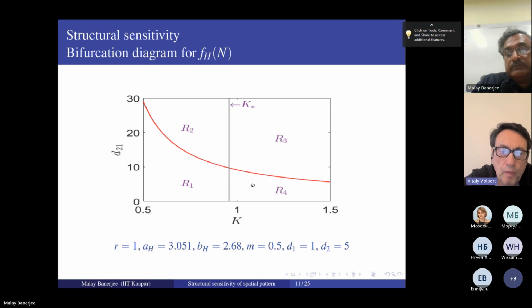Okay. But spirals themselves, do they not appear as a result of bifurcation from the homogeneous steady state?